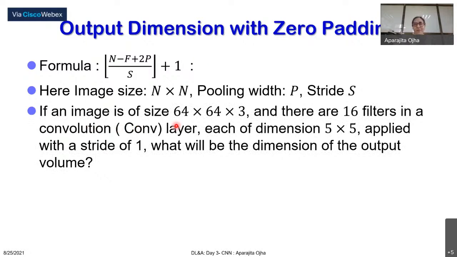So suppose an image is of size 64 cross 64 cross 3, there are 16 filters in a convolution layer, each of the size 5 cross 5, which is applied with a stride of 1. What will be the dimension of the output volume?